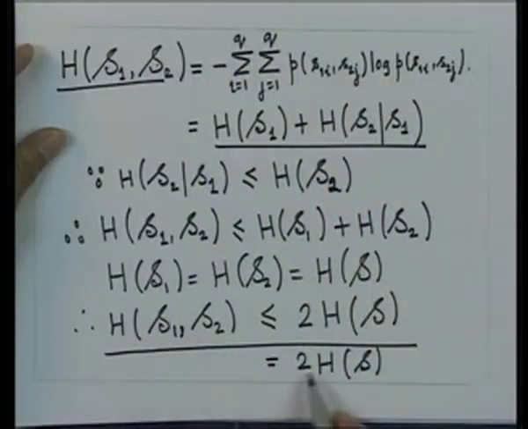We had seen this result earlier where we had proved that if the symbols are independent, then H of S1 S2 turns out to be twice H of S.